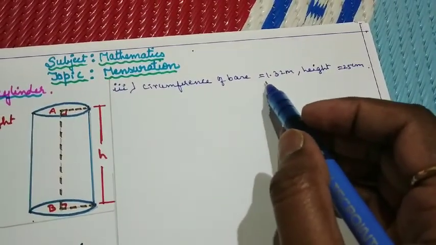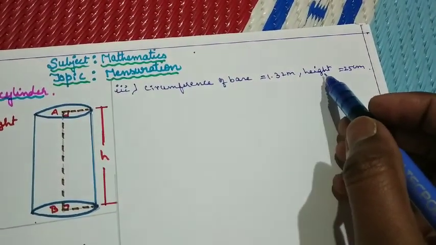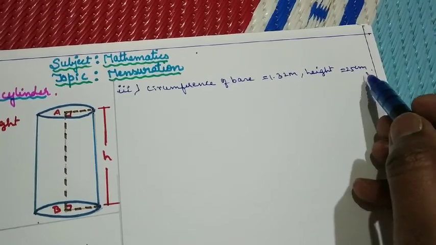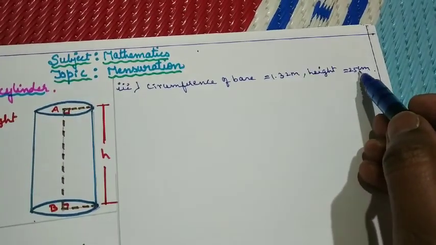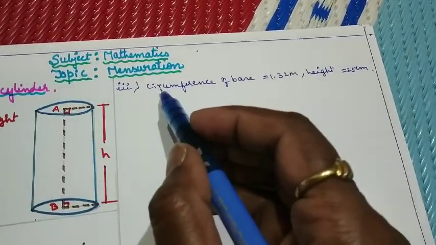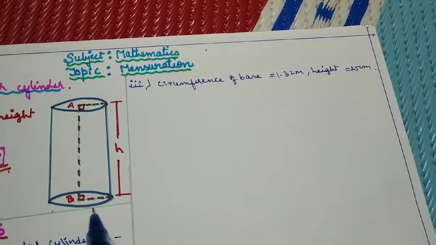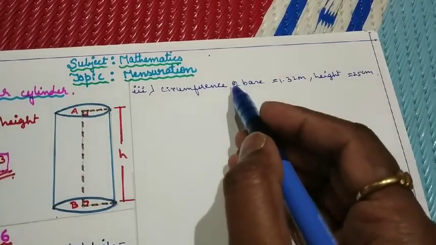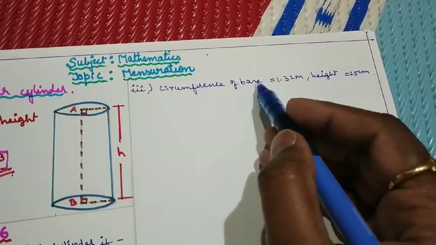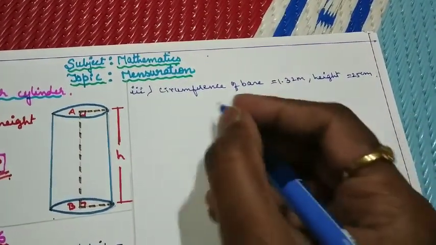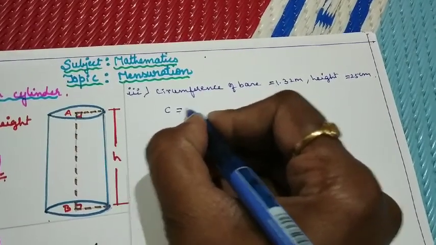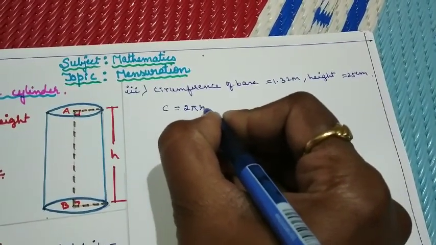Circumference of base equals 1.32 meter, height equals 25 centimeter. Keep in mind, here the unit is also changed, and here the circumference of a base is given. We know that the base of a cylinder is in the form of a circle, therefore the circumference of the circle equals 1.32. We know that the circumference of a circle is 2 pi r.